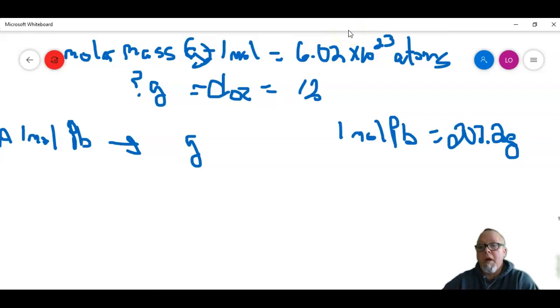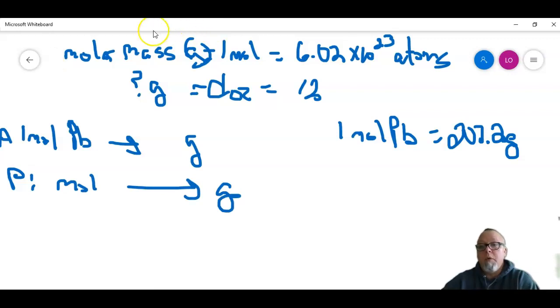So we analyze the problem. We have 1 mole of lead, and we need to know the grams. The problem is we want to go from moles to grams. Can we go directly from moles to grams? We can go moles to atoms, or a number of. Then we can go moles to mass. So we can go directly there, and the preceding goes to the denominator. So we have mole in the denominator and grams in the numerator. And 1 mole has how many grams? 207.2.